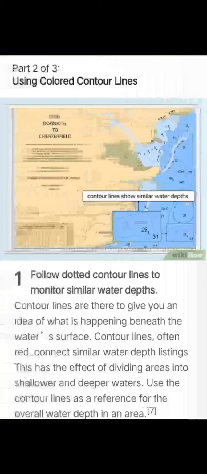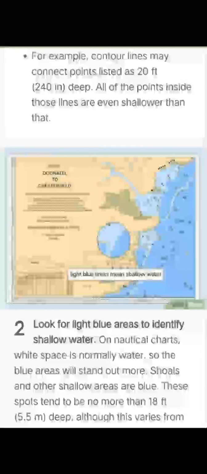Contour lines, often red, connect similar water depth listings. This has the effect of dividing areas into shallower and deeper waters. Contour lines are a reference for overall water depth in an area. For example, contour lines may connect points listed at 20 feet to 40 feet deep. All of the points inside those lines are even shallower than that.